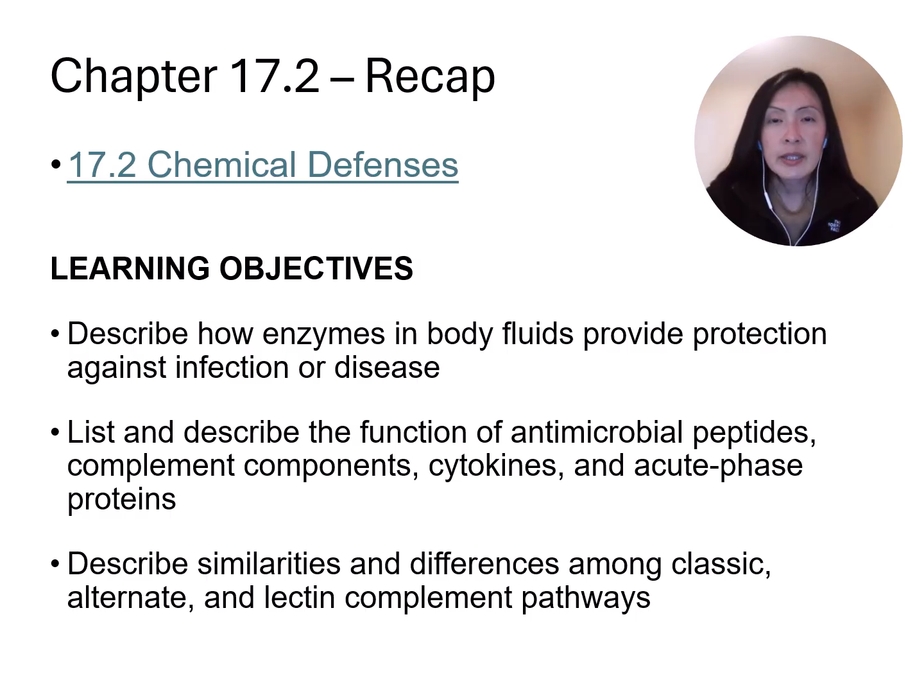All right, for the second learning objective, they ask us to list and describe the function of antimicrobial peptides, complement components, cytokines, and acute phase proteins. So antimicrobial peptides, we saw they are small, nonspecific, broad-spectrum molecules. They kill microbes by damaging membranes or interfering with cell functions. So examples include defensins.